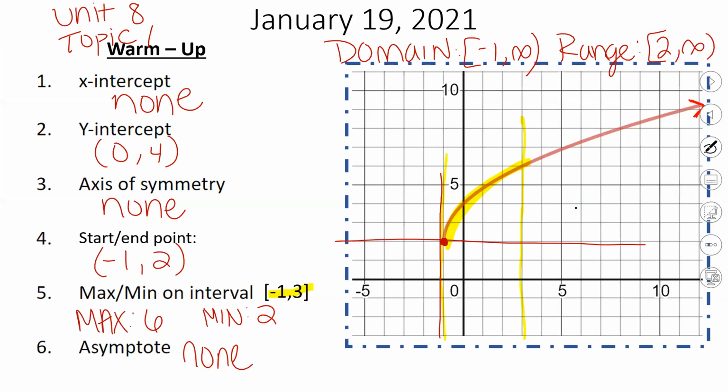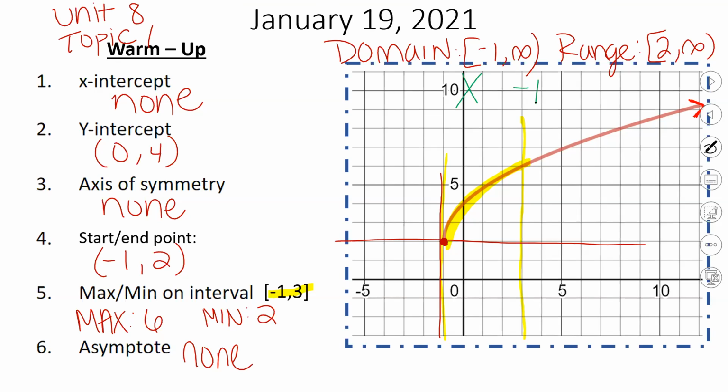The assignment you're going to do asks you for inequalities. Inequalities use the greater than and less than sign. So if I took my domain and wrote it as an inequality, first of all, domain has to have the letter X, and I have the number -1.